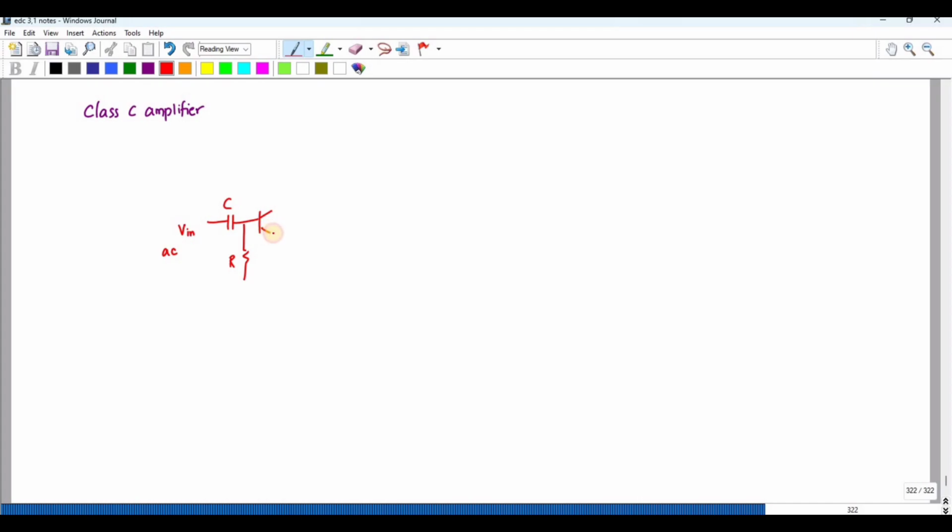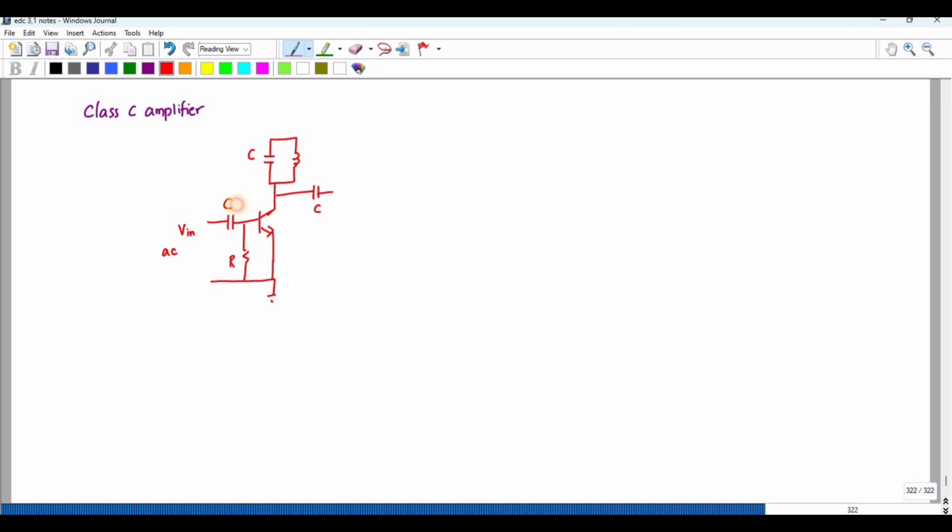This is your AC input signal, and you have a capacitor followed by a resistor and a common emitter configuration transistor.